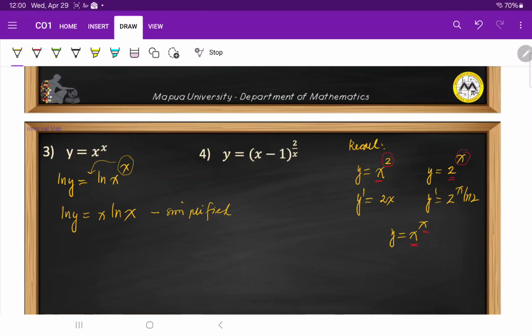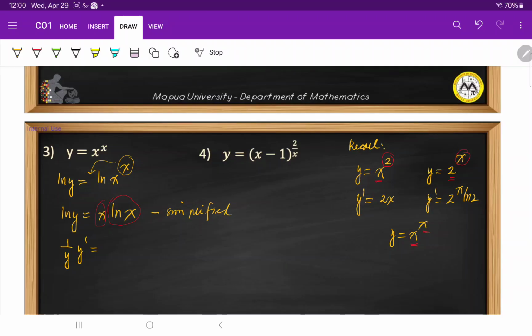Once it's simplified, there is no more variable exponent. The next step is for you to differentiate both sides. So the derivative of ln of y is 1 over y times y prime. On the right side, you have x times ln of x. So we use the derivative of a product, u times v.